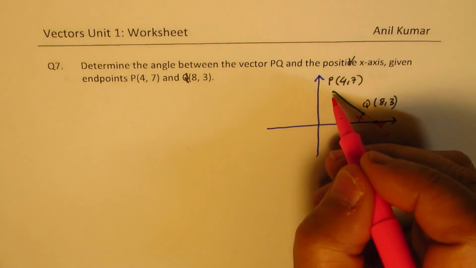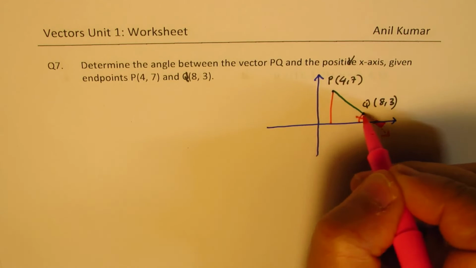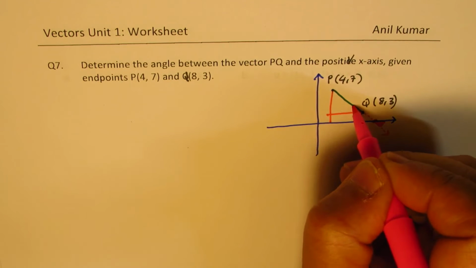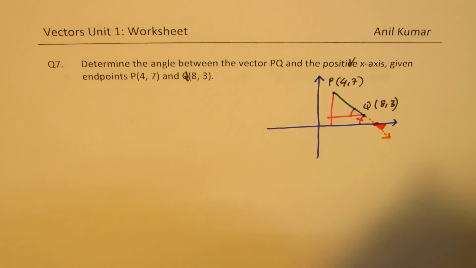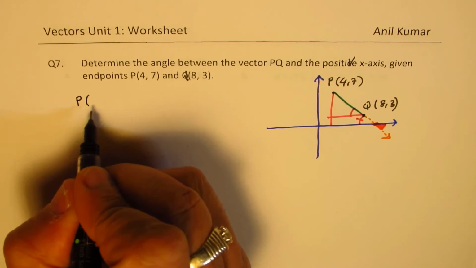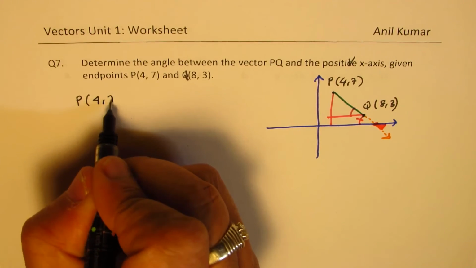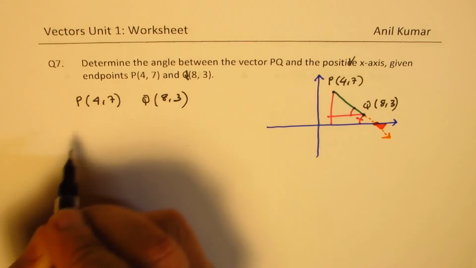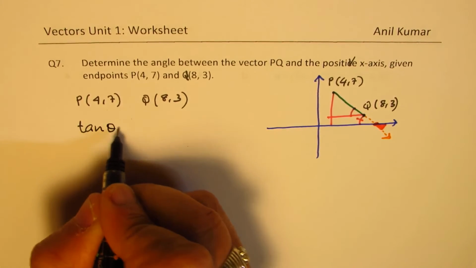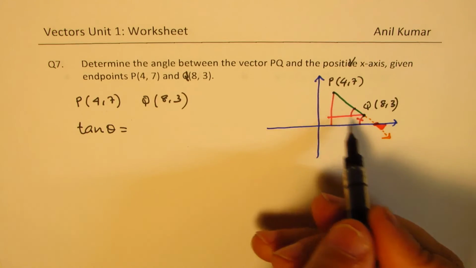To find the angle, let me complete this triangle, which gives this angle. From here we get tan theta directly. We have the point P, which is 4, 7, and the point Q, which is 8, 3. From the diagram, tan theta is equal to rise over run.